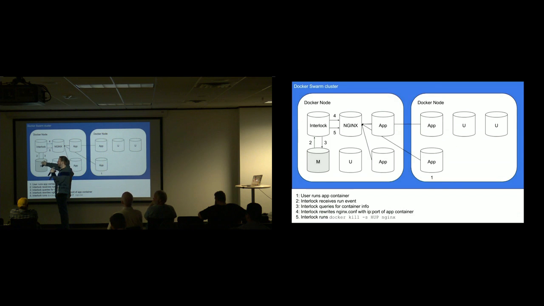When it sees that start event, it knows, oh, I need to find out more about this particular container and all the containers. And it goes ahead and writes. It's got the volume from this Nginx mounted into its container. Oh, I see. Okay. And then it just restarts. That makes sense. I don't make that super clear here. I just say Interlock rewrites nginx.conf.